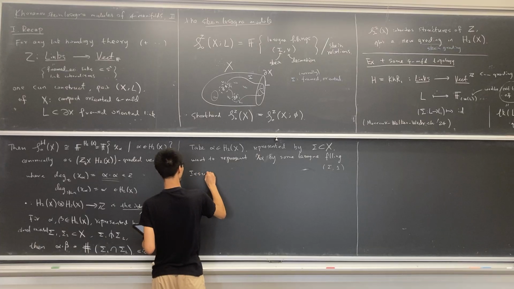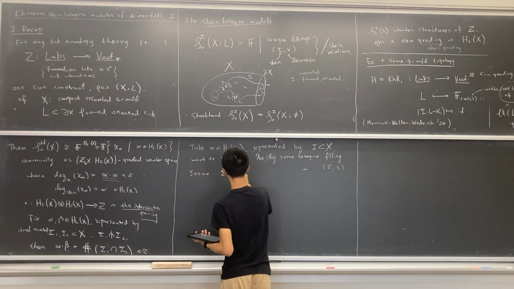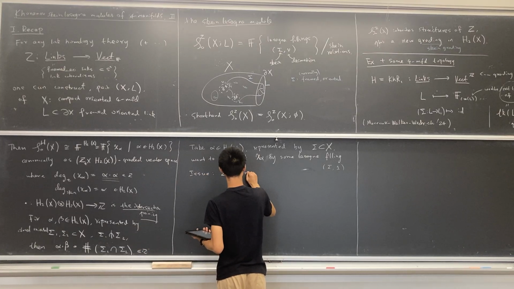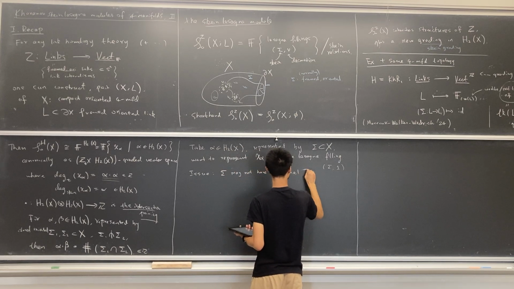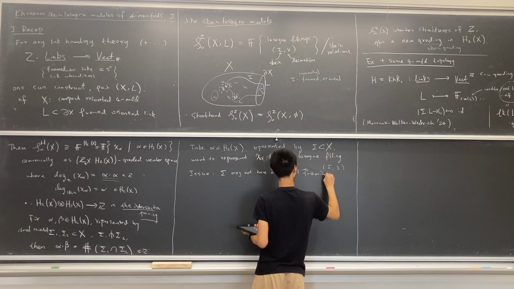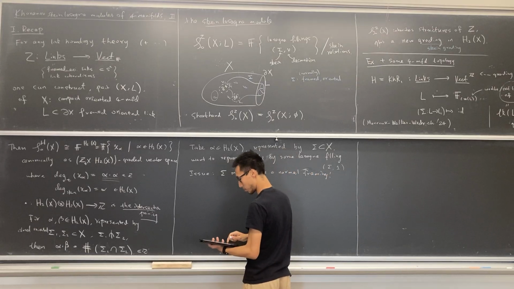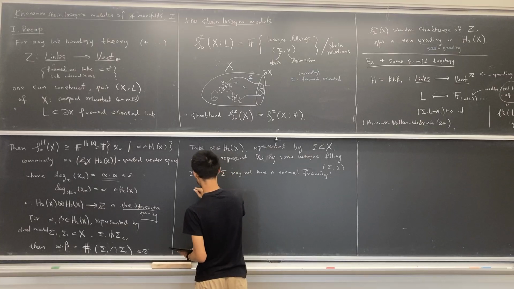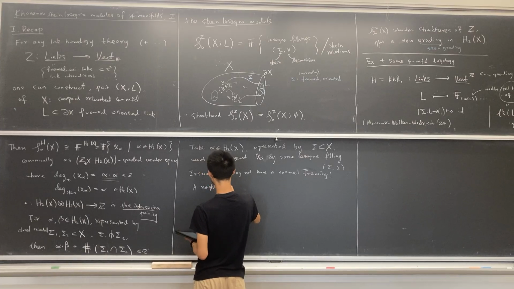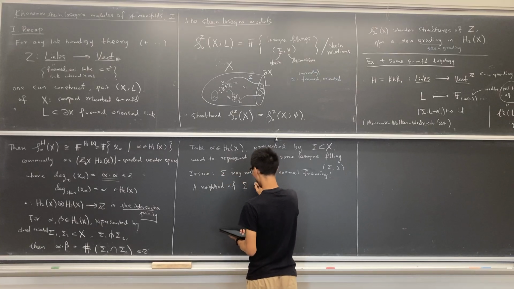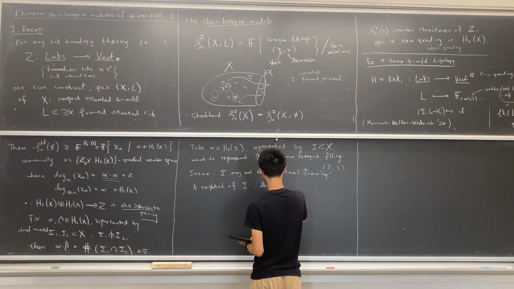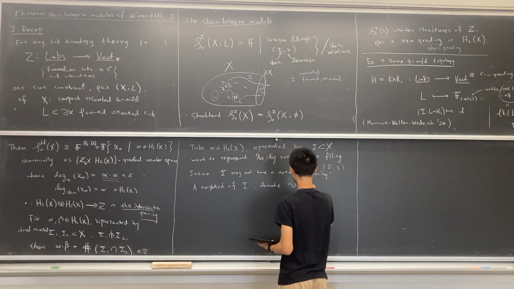The issue again is that sigma may not have a normal framing. If we look at this more closely, we should look at a tubular neighborhood of sigma, denoted by nu of sigma.